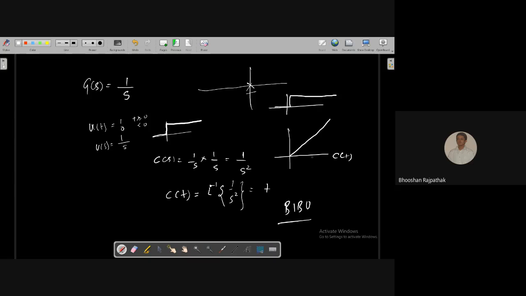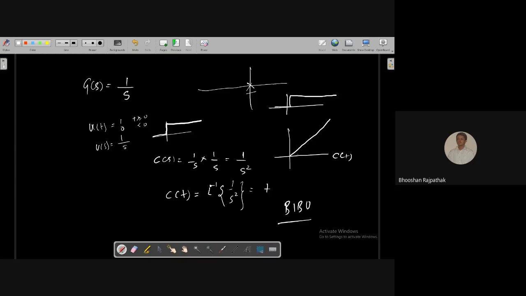Okay. So this is again a peculiar case where even though your root is not in RHS, there are no repeated roots on j omega axis, still your system is unstable. Okay.